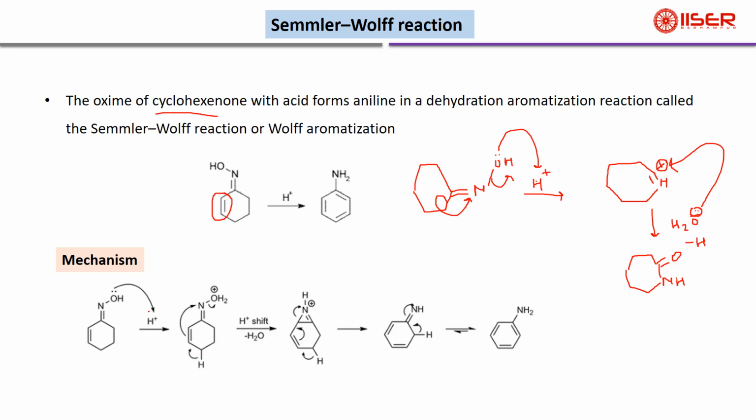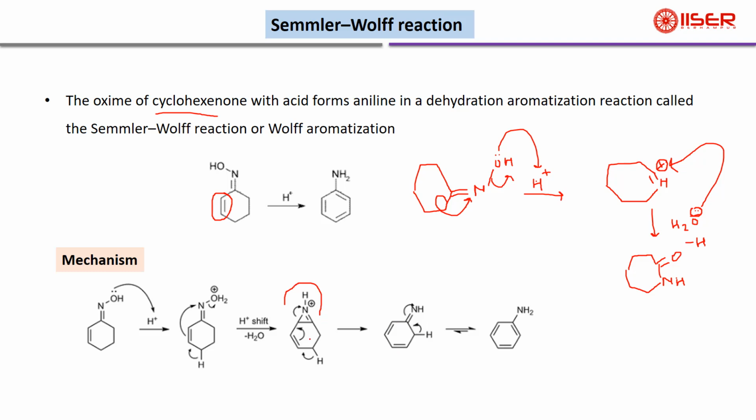After deprotonation of this OH group, this alpha H takes part in the conjugation, comes here, and the double bond shifts to this nitrogen, forming this type of azatriene-type intermediate.